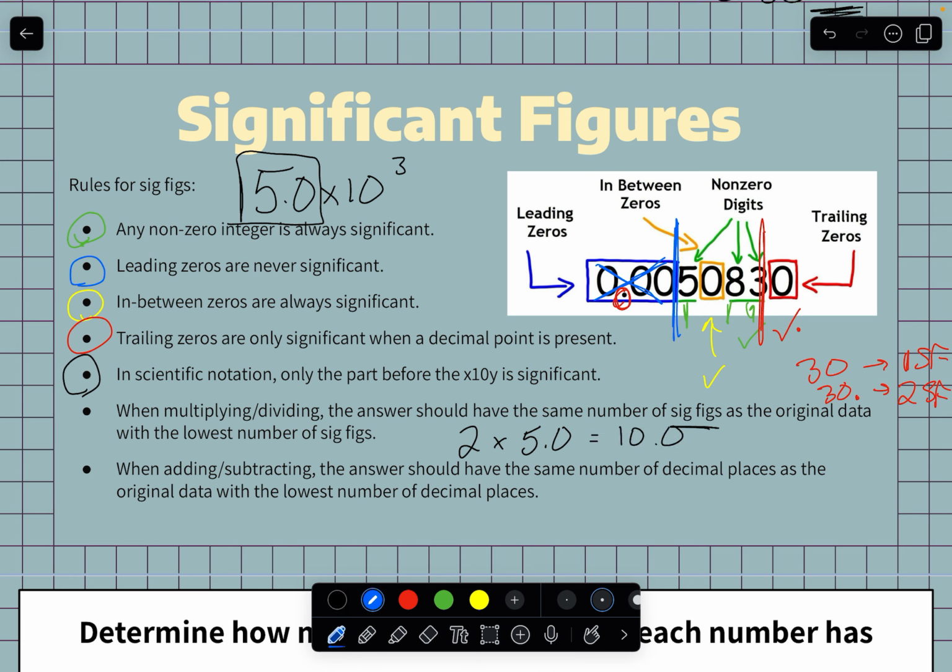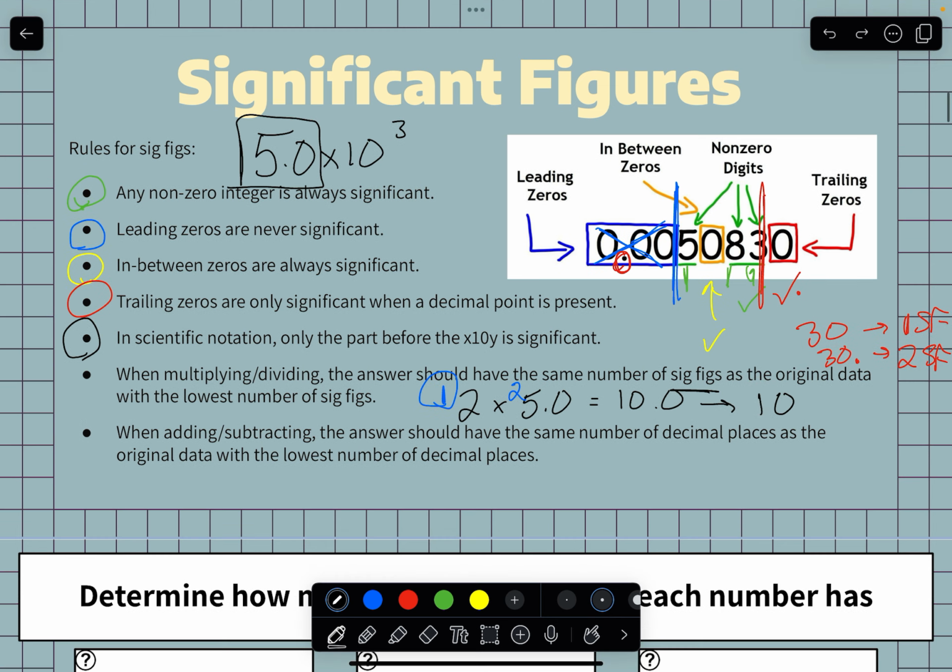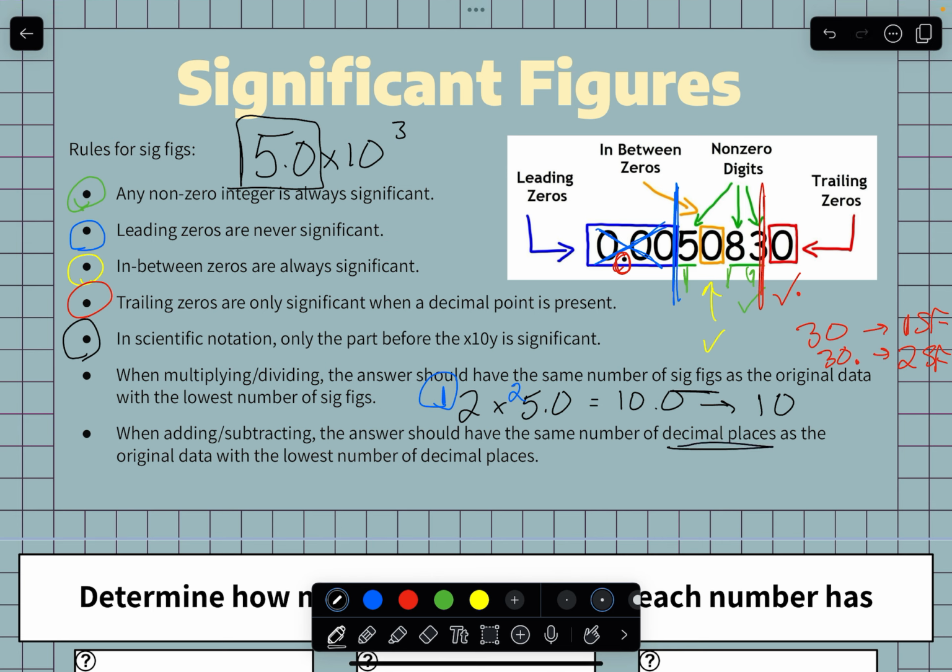But 2 only has one significant figure. 5.0 has two significant figures. So our answer should have the same number as the least amount, which is 1. To change 10.0 to one significant figure, we use a 10 with no decimal point, because remember, trailing zeros without decimal points are not significant. So only that 1 is going to be significant there. For adding and subtracting, we're looking at decimal places.